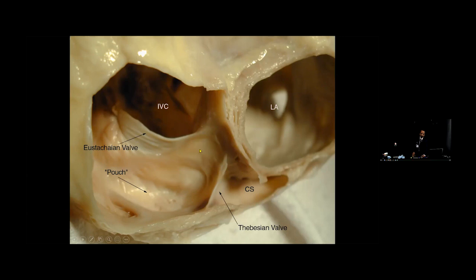The compact AV node is going to be ventricular and inferior to the angle of the eustachian ridge, whereas the fossa ovalis transeptal puncture site is going to be atrial, away from the ventricle, and superior and cranial to the eustachian ridge. That's our safety for understanding when we will not damage the conduction system.